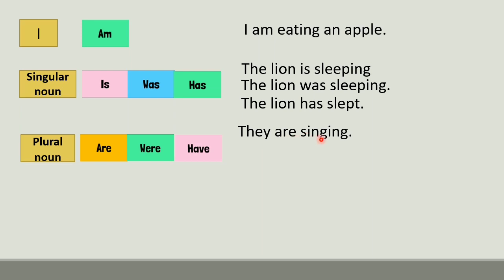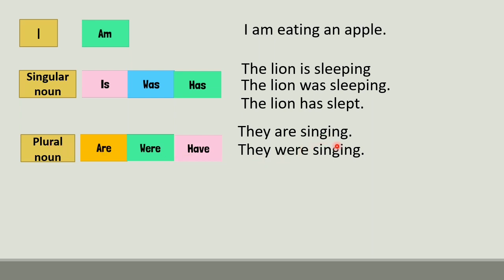They are singing. Now we are talking about they, means many. They are singing. Singing is the action word. Are comes before the action word singing. They were singing. They means many. It's a plural noun.